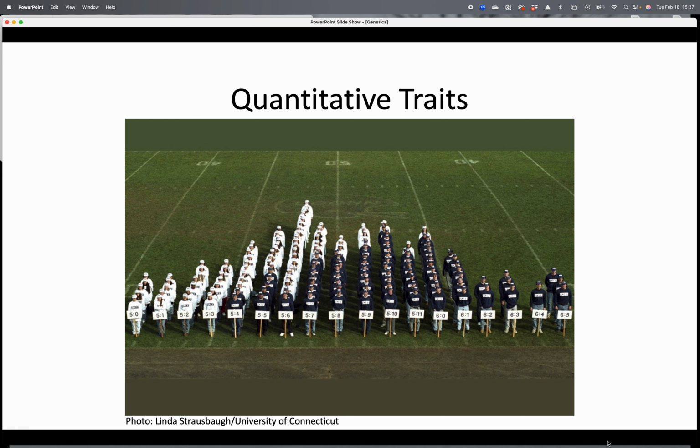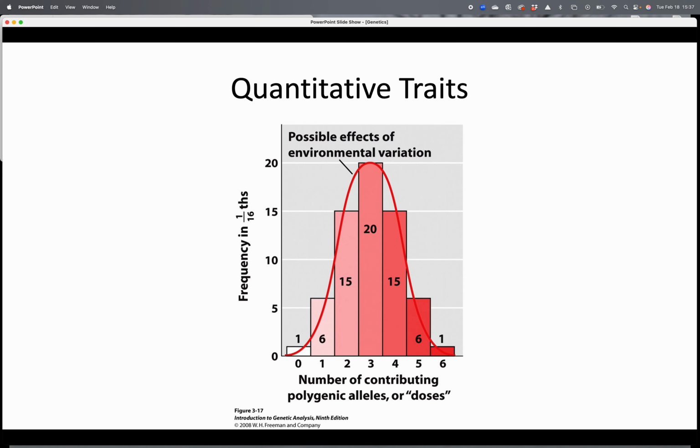We ended up with quantitative traits. So we were talking about how quantitative traits are determined by multiple genes that all contribute to a single trait, and the net effect of each of those genes is that each dominant allele adds a little bit to the trait. And so oftentimes these are called additive genetic traits, polygenic traits, also called quantitative traits.